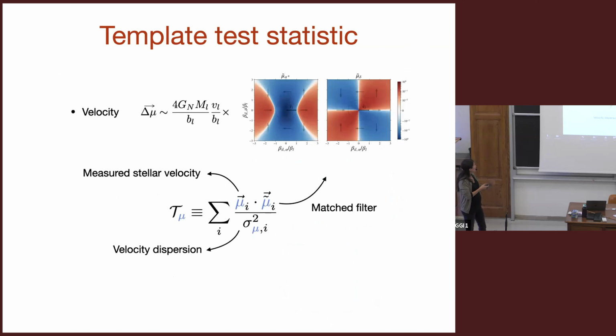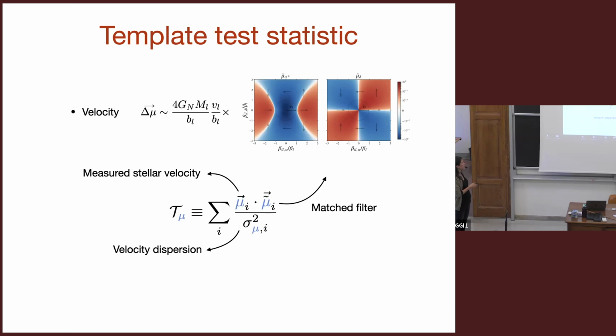So once we have this induced velocity, we define the template test statistic, this quantity tau, as the sum over all the stars around the lens of the dot product between the observed stellar velocity and the expected velocity profile, this matched filter, using inverse variance squared as weight for each star.